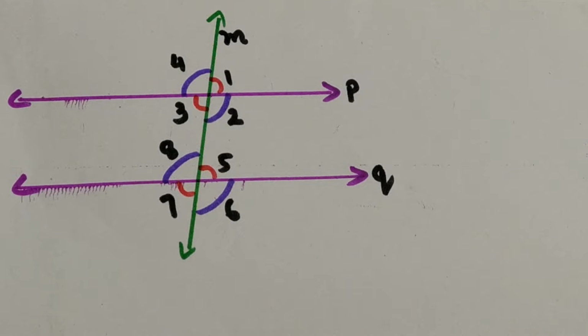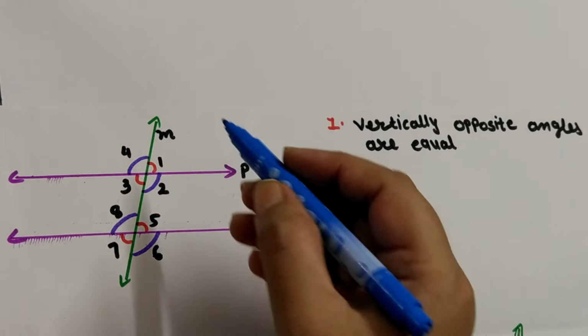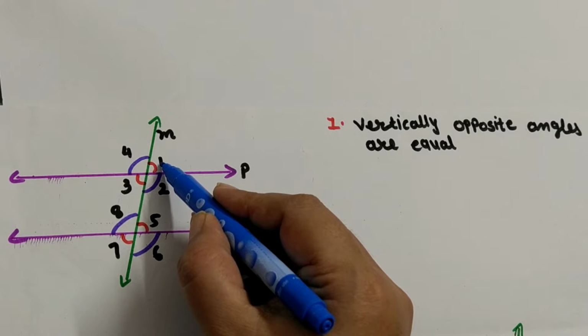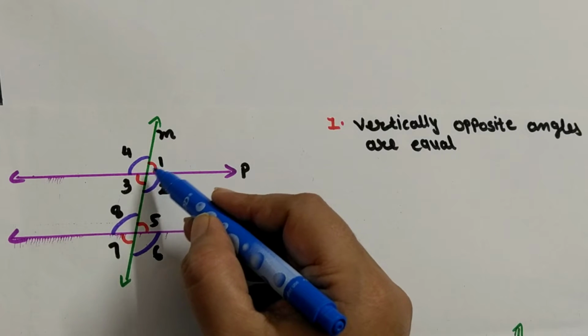Now we will learn about the first property of the angles formed when parallel lines are cut by a transversal. The first property says that vertically opposite angles are equal. Here you can see that angle 1 and angle 3 are vertically opposite angles.